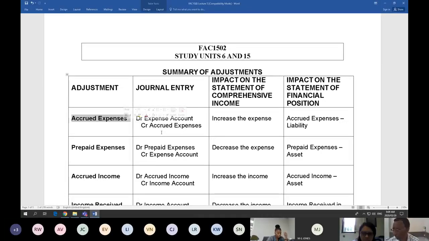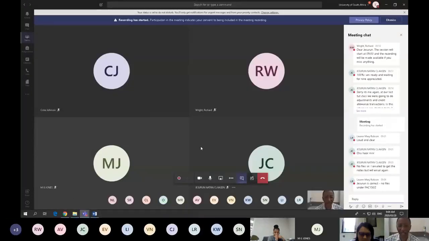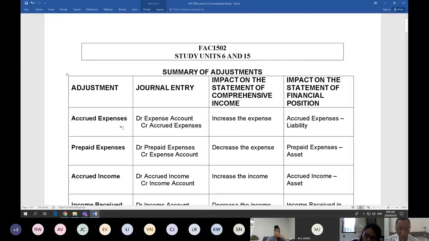An example could be that the business didn't pay the telephone account in December, if your financial year end is in December, and you only pay it now during January. That is an example of accrued expenses. Accrued expenses are classified as a liability because you are still owing the money. You didn't pay the expense at all.